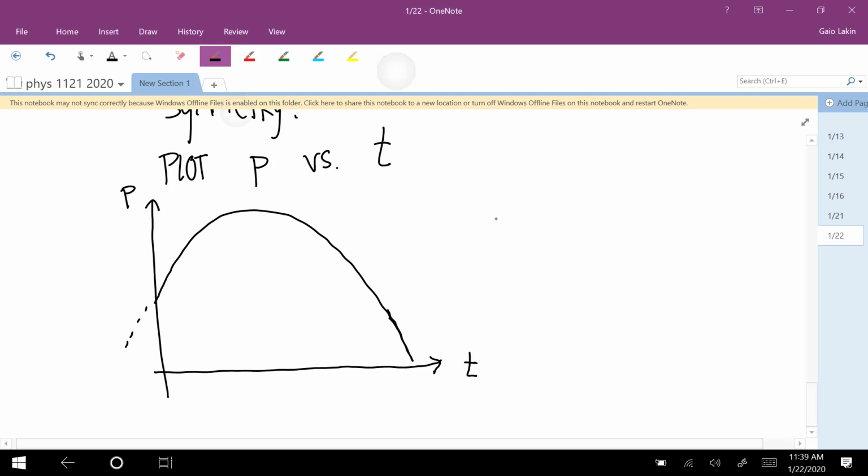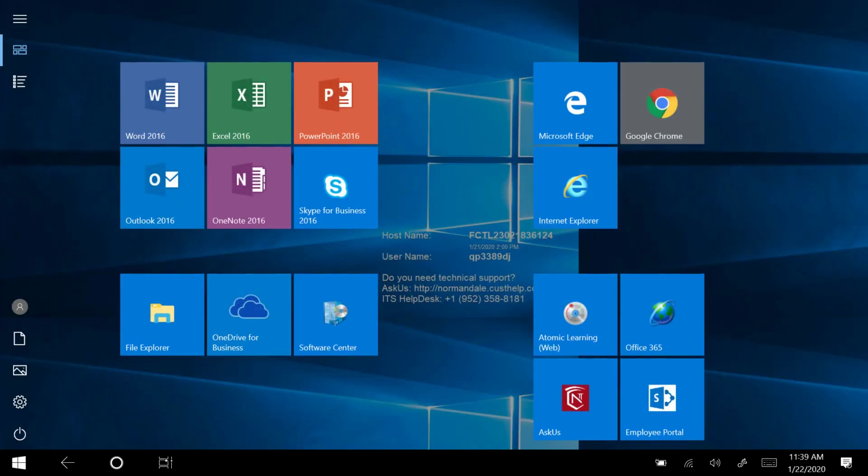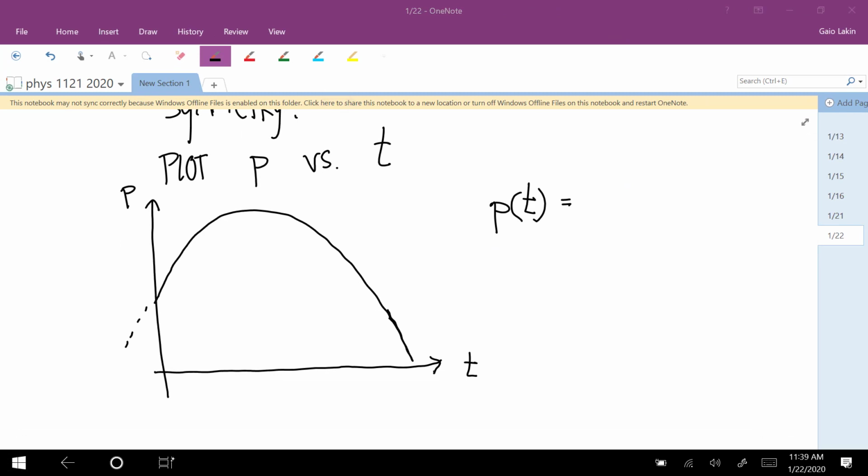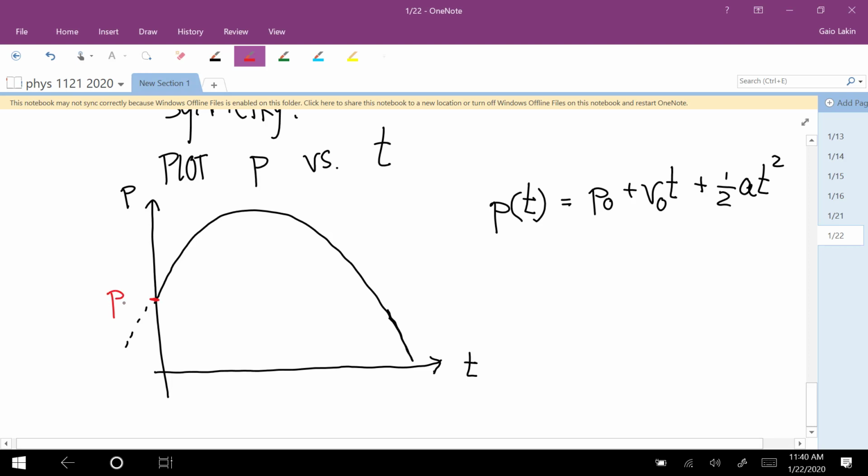Because the function is p of t equals p0 plus v0 t plus 1/2 a t squared, and this a is negative. So this is your p0.